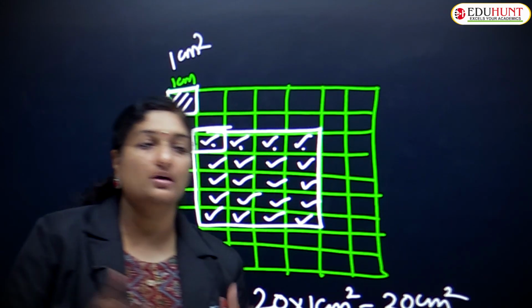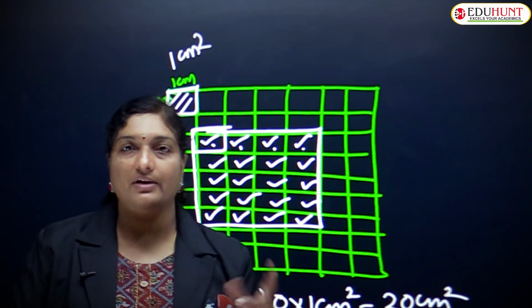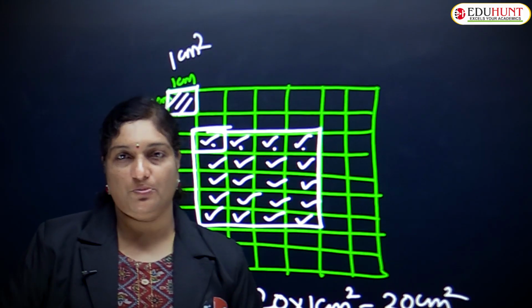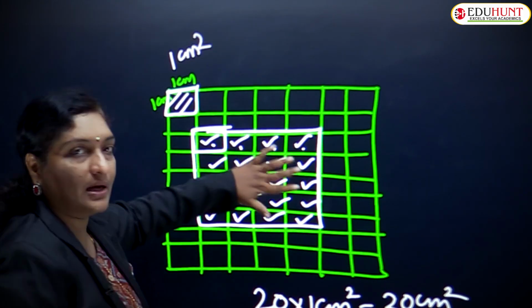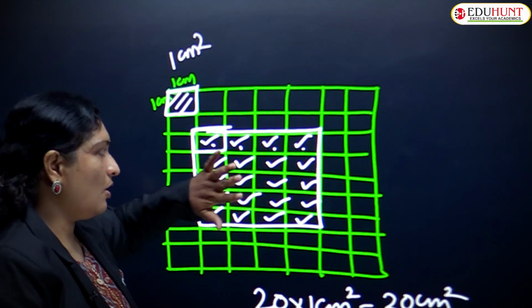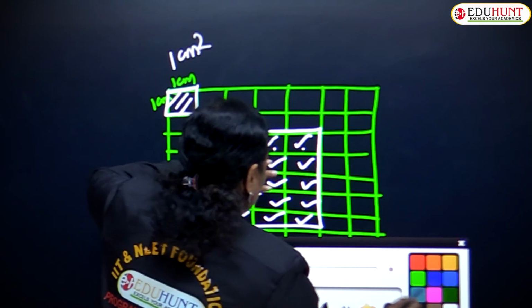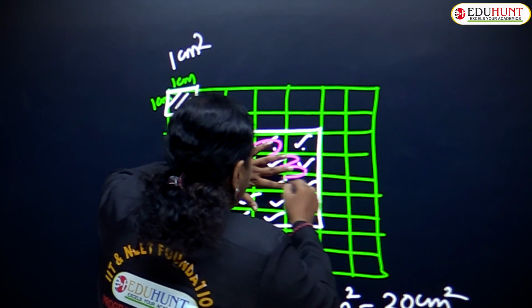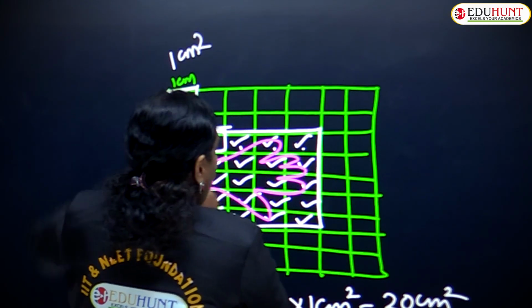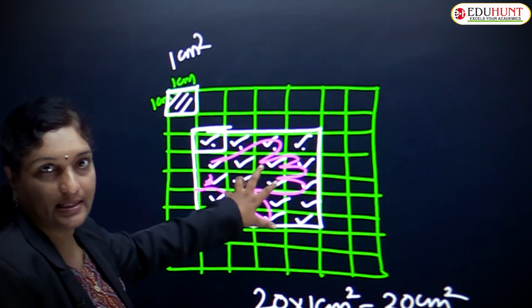Similarly, suppose you are given some irregular object like the shape of a leaf. A leaf is something of irregular shape. Again, draw the outline of the object, something like this. Then you have to count how many square blocks are present inside it. If it covers less than half a square, simply ignore it.